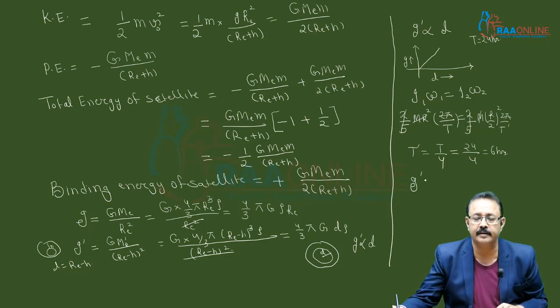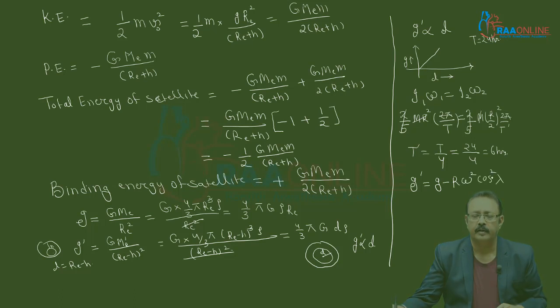We discussed g dash was g minus R omega² cos² lambda. If objects on equator become weightless, what is weight? You know that weight is mg. On equator it should be mg dash. g dash is the value of g on equator.